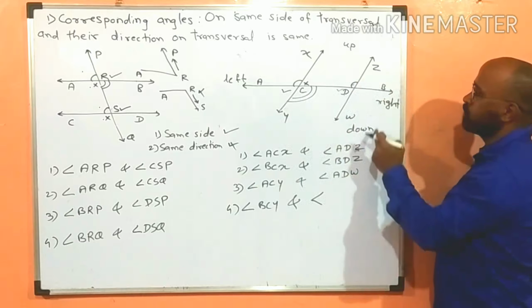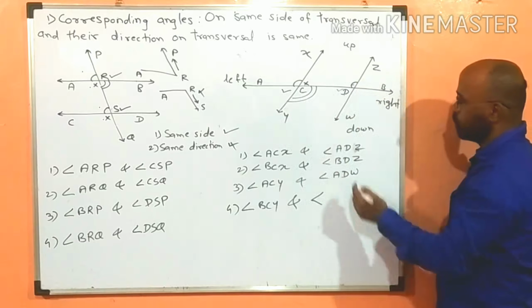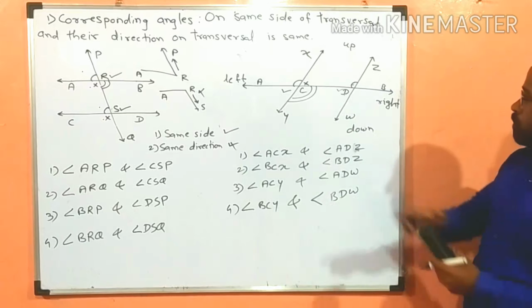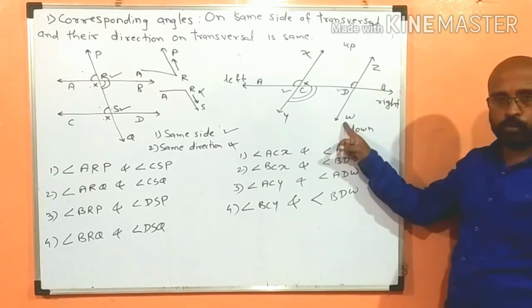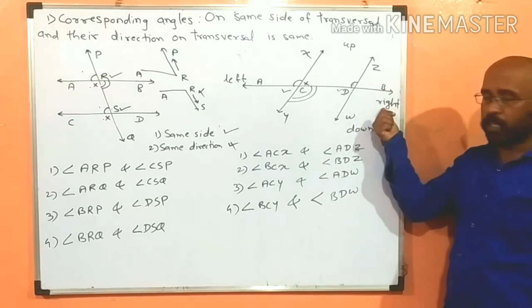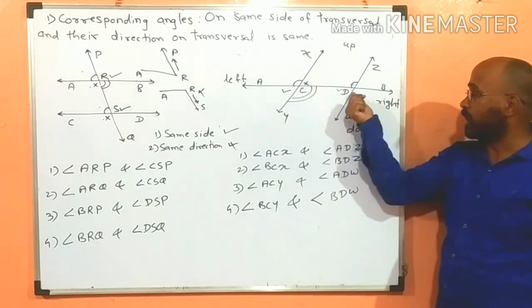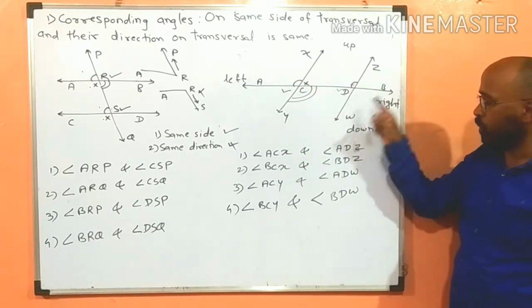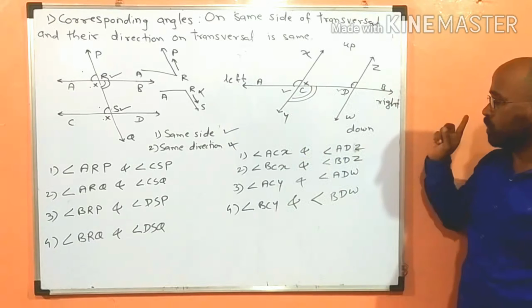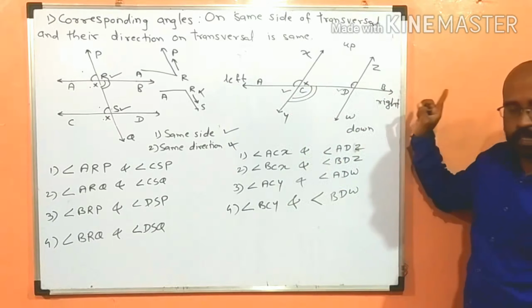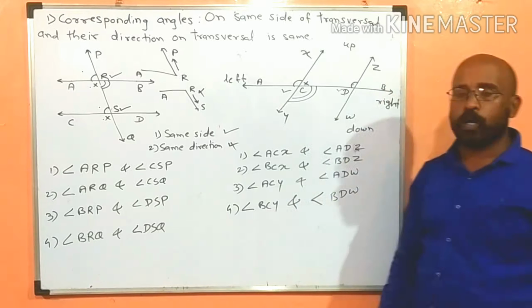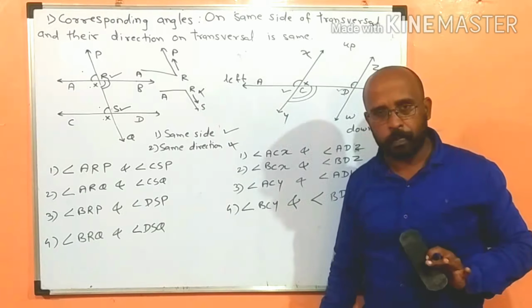So final is BDW. Angle BDW, it has two arms, DB and DW. Among this, DB is part of transversal and DB is going towards right, as CB is going towards right. Clear? So angle BCY and angle BDW, these two are corresponding angles.